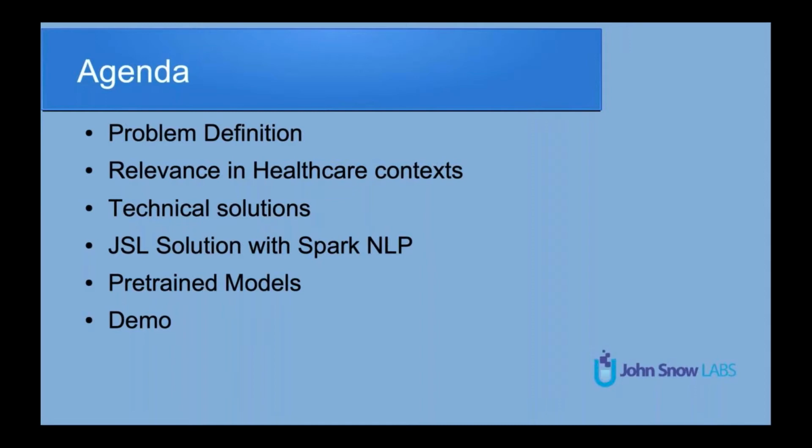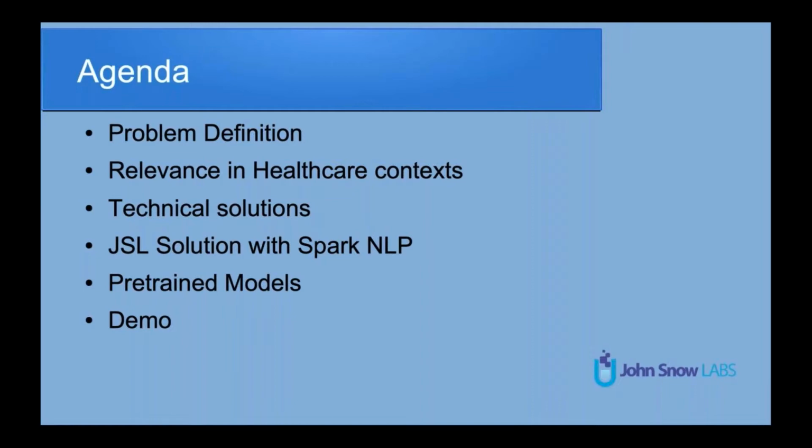And finally, we will show you how we at John Snow Labs solve this problem, and what kind of tools we have ready for you to use and apply to your own problems, your own situations. At the end, we're going to see a couple of notebooks as a demo and as the results that you will be getting right out of the box when you start using our library.